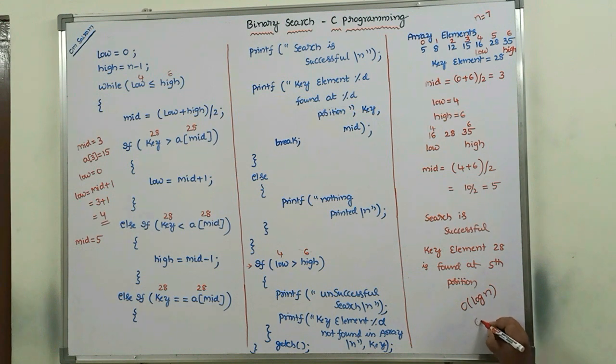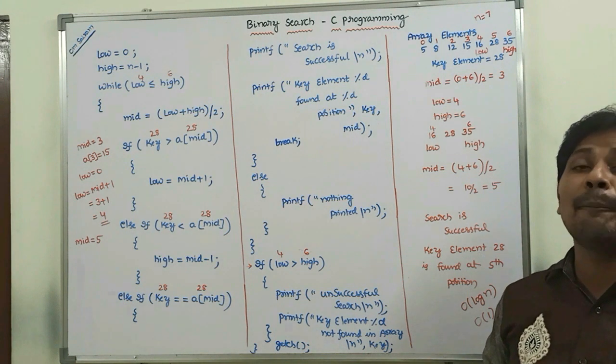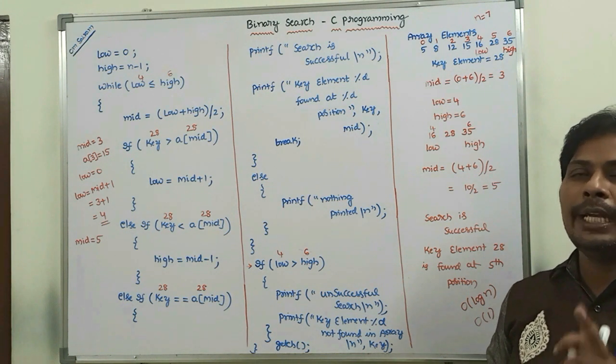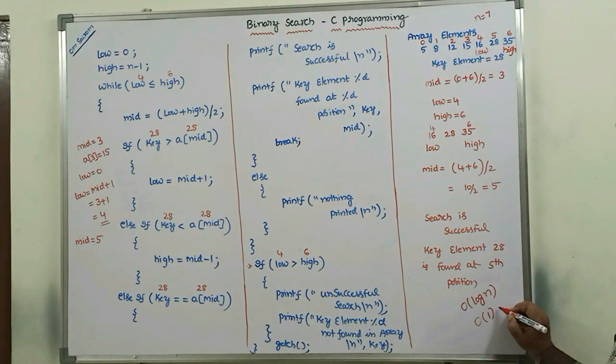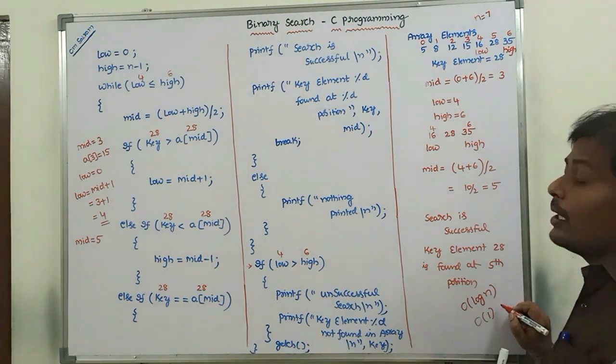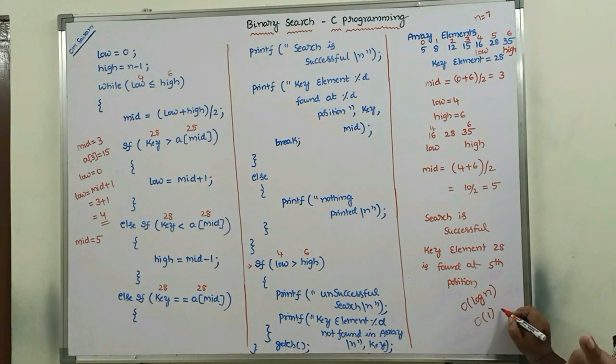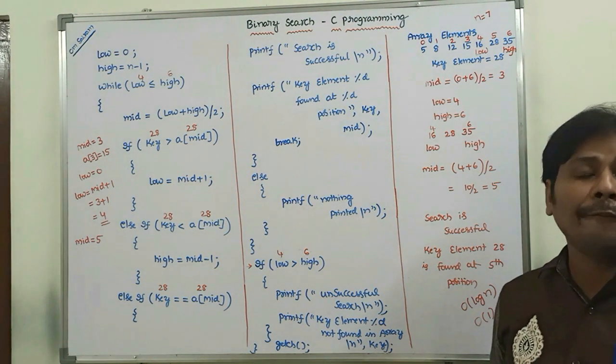In order of 1, if the key element is present at the mid value, in a single comparison we find our key element in the given array, if the key element is present at the middle position. At that time, only one comparison is required, so the time complexity is order of 1.